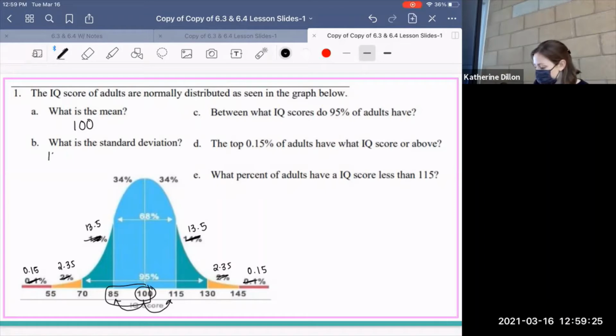So if I take the mean and subtract the number that's one standard deviation away, I will get my standard deviation. I get that my standard deviation is 15 points. So I'm not doing a lot of math here, not a lot of calculating. I'm just reading the graph.